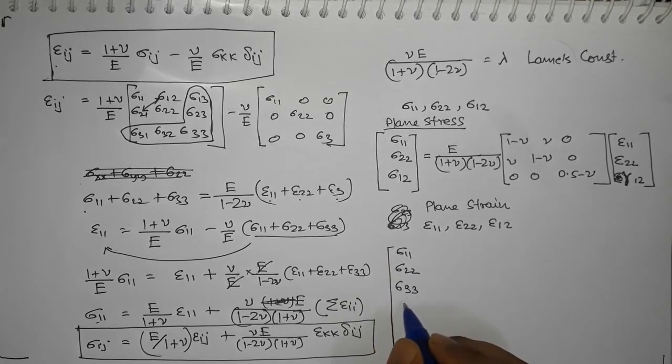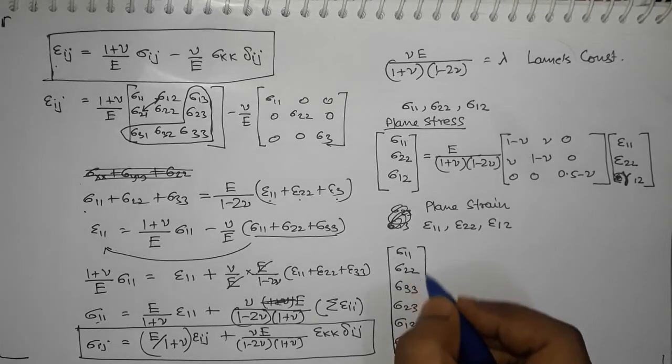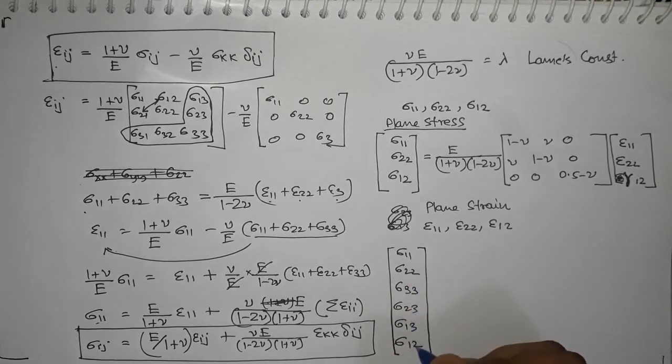Then we will have sigma 2 3, sigma 1 3, and sigma 1 2. Okay, so 3 normal, 3 shear because of symmetry, right? So we have actually the whole stress tensor here. So this is equal to sigma 3 2, this is equal to sigma 3 1, this is equal to sigma 2 1. So these resemble 6 components plus 3, 9, so all are there.